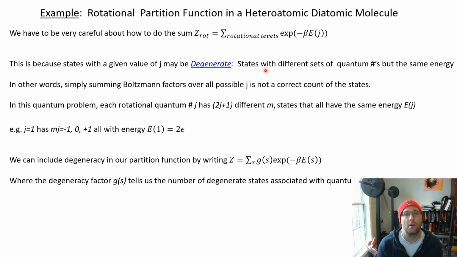In other words, more than one set of different quantum numbers that has the same energy, E of j. So make sure you understand all those words. I guess I'm saying it kind of fast because there aren't that many words, but they're all important. So go back over this and make sure you see what I mean. I'll try to explain it more here a little bit.